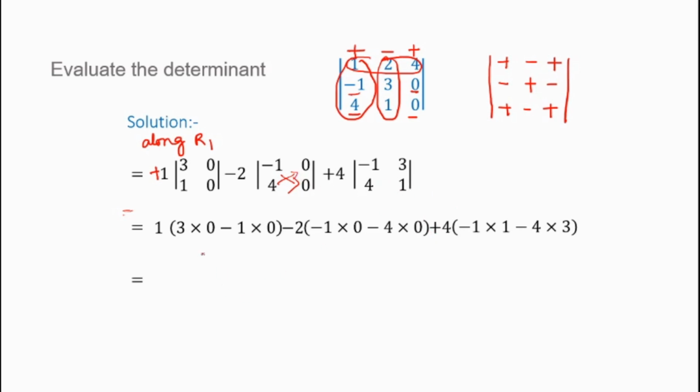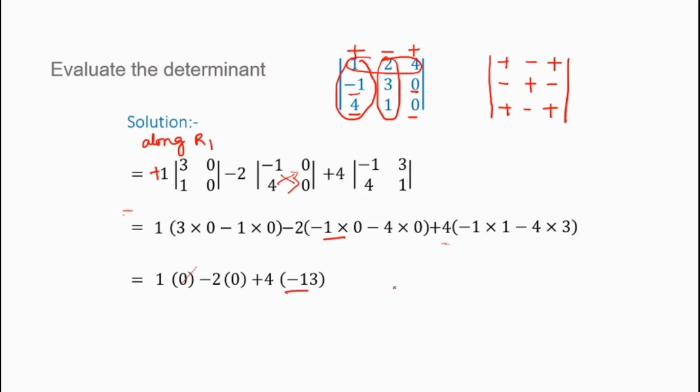So expanding this and simplifying again: 3 into 0 minus 1 into 0 is 0, and minus 2 into 0 minus 4 into 0 is also 0, so therefore it is 0, plus 4 into minus 1 into 1 minus 4 into 3, which is minus 1 minus 12, that is minus 13.